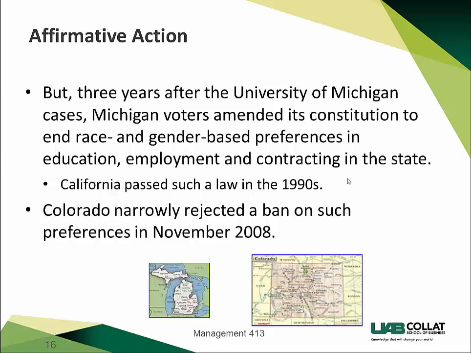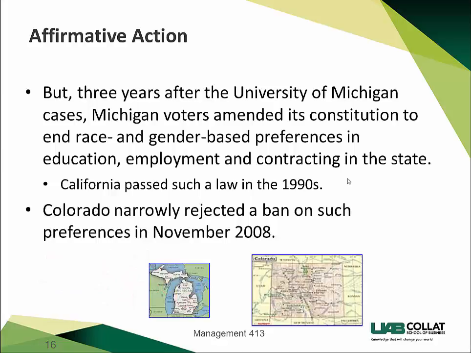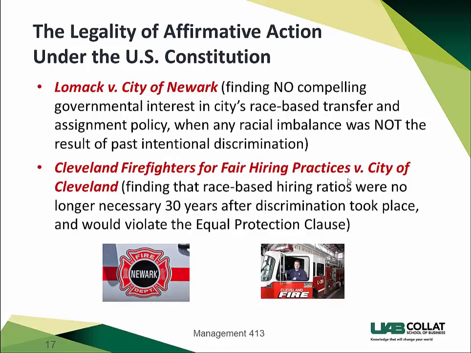The Supreme Court of the United States upheld some of those and struck some of them down, but very significantly, the voters in Michigan then amended their constitution to say that it is illegal in Michigan for the universities to use race or gender-based preferences in admissions. Here are two cases involving public entities, cities with affirmative action plans. You can see that in both of these cases, the plans were struck down.